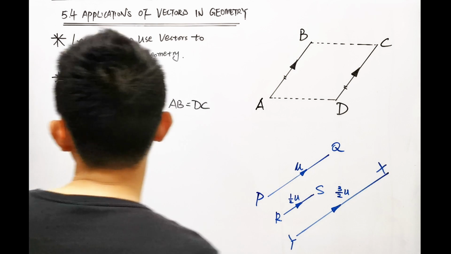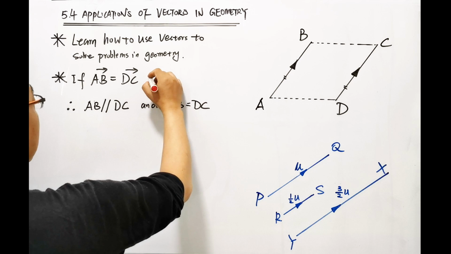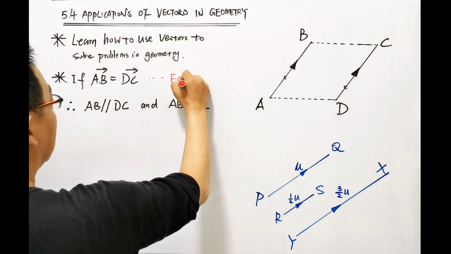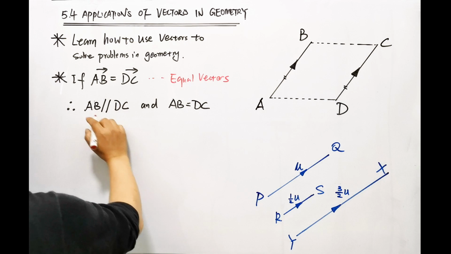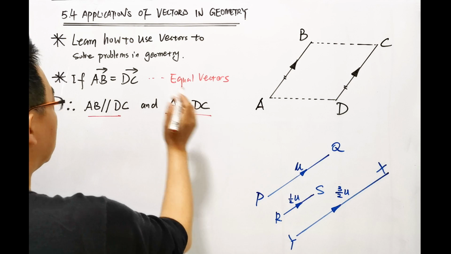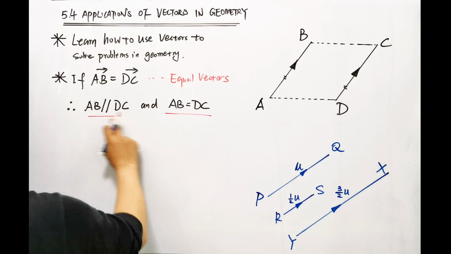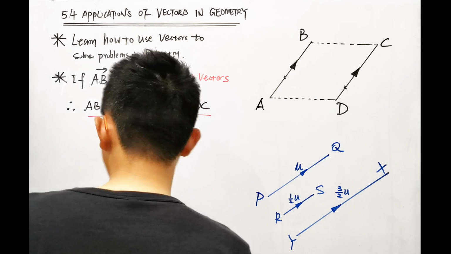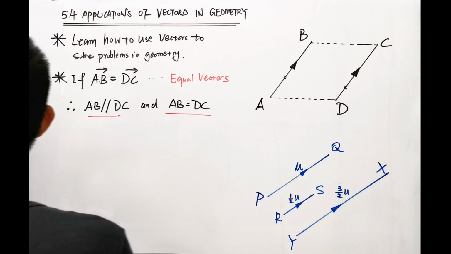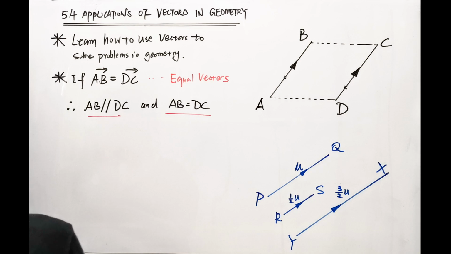That is because they are equal vectors. They are parallel, in the same direction, and they also have the same magnitude.